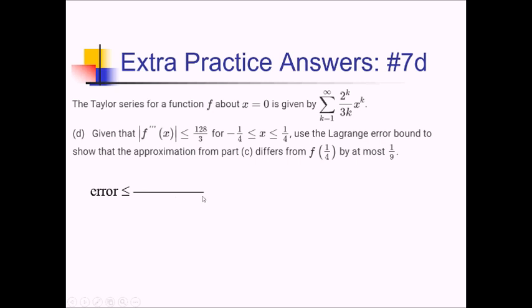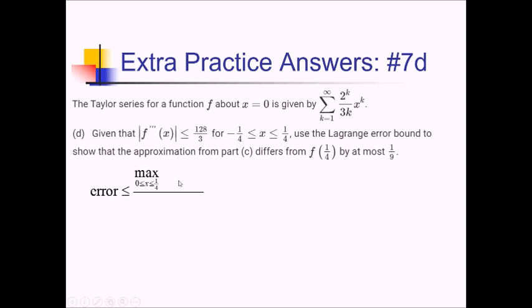So I'm going to say that my error is going to be less than or equal to the following, and now I have a big fraction. Up here I have the max derivative. Which derivative do I need? Well, let me figure out what interval I'm taking the max over to start with. So this is going to be the max derivative on the interval between the launching off value, the point of tangency, the center, and whatever value I'm trying to approximate, which is x equals 1/4 in this case. So I'm going to need the max derivative on the interval from 0 to 1/4 of, and now which derivative do I need?